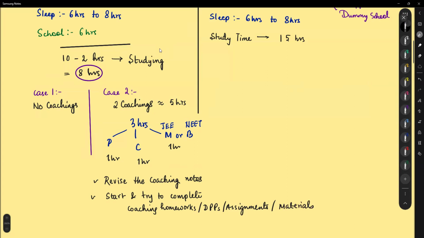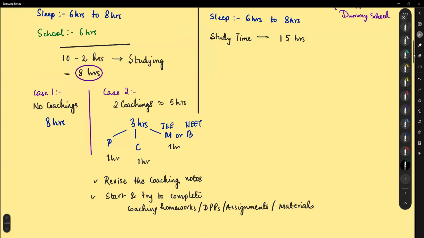Okay. Now, if there are no coachings, that means what you have with yourself is 8 hours, and you divide the 8 hours into a total of 3 parts.